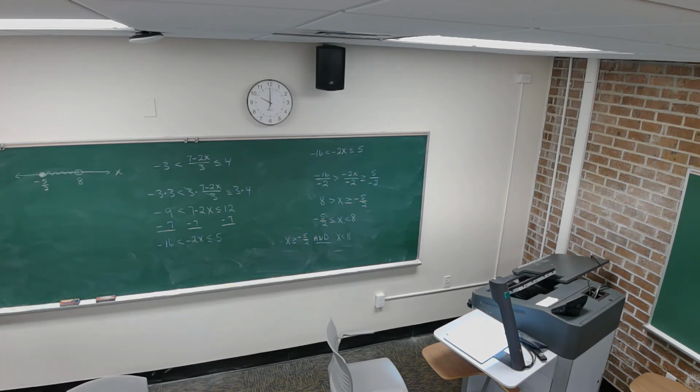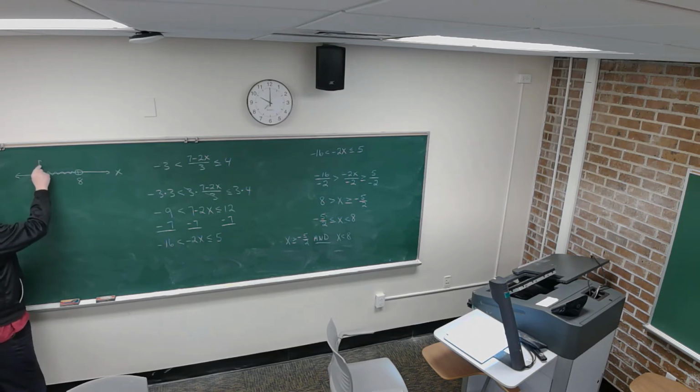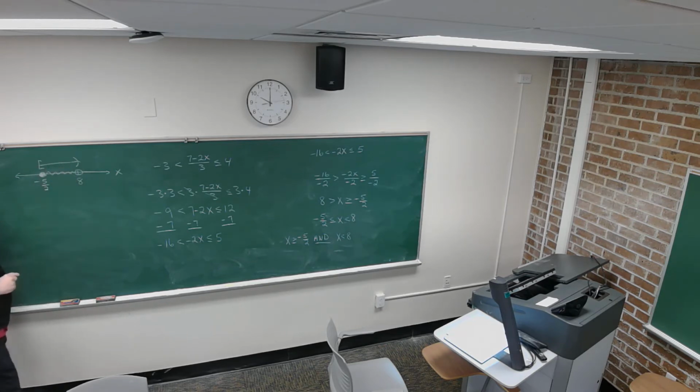Well, with interval notation, we replace the closed circle on the left end with a left bracket. We replace the open circle on the right end with a right parenthesis and connect everything. So replacing closed circles and open circles with brackets and parentheses helps you to write the solution set in interval notation. So in interval notation, we have a left bracket, and the first number is minus 5 halves in the interval.